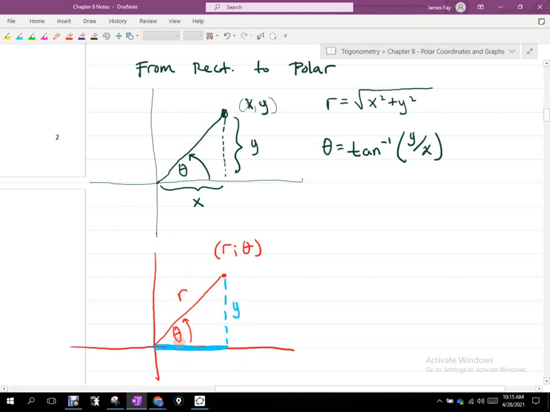What rule or function relates these three things together in trigonometry? Sine, right? Sine of theta would be y over r, correct? So now what would y be? r sine theta, isn't it?